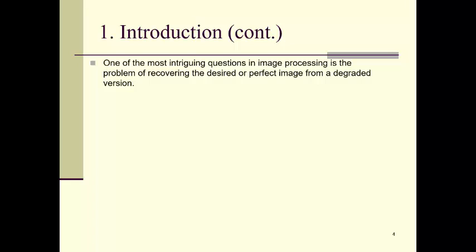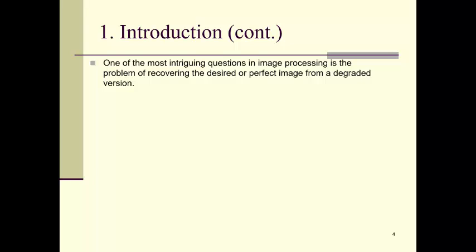So if you are talking about distortion like blurring or due to the presence of noise or whatever, the measure that I will use in order to say whether this image was perfectly restored or not using such an algorithm is by computing something which is called the signal to noise ratio.